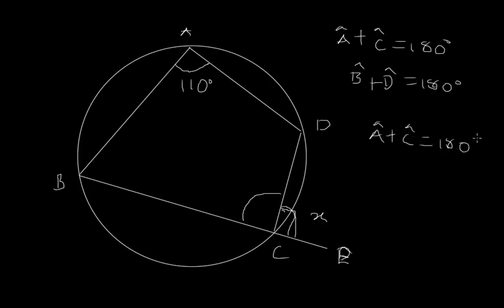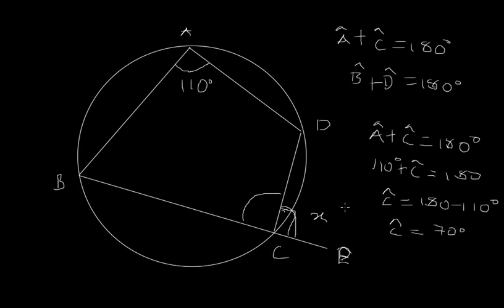We have our angle A to be equal to 110, so we have 110 plus C is equal to 180 degrees, right? So angle C is equal to 180 minus 110, which is 70 degrees. Yes, so we have 70 degrees there.